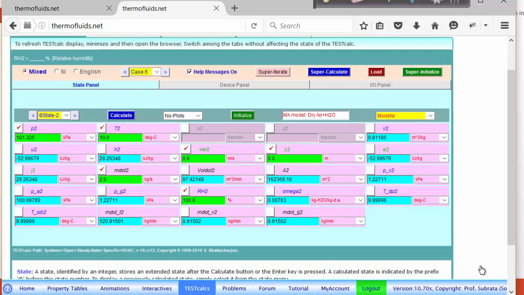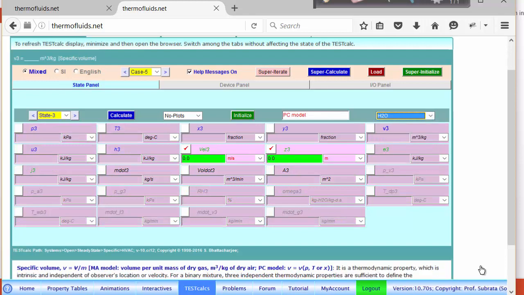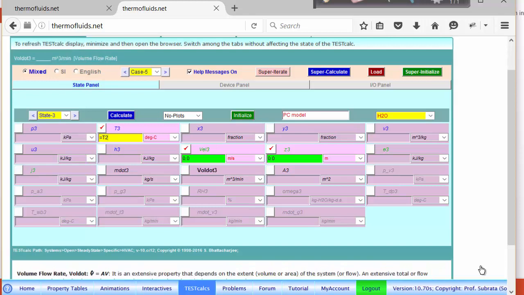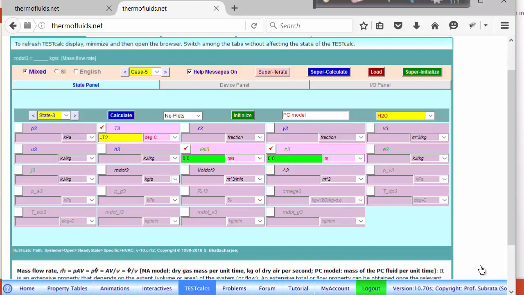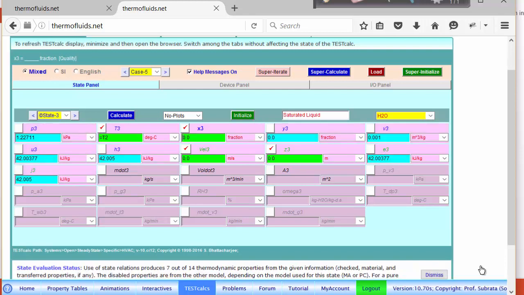Now let's go to state 3, which is H2O. We select H2O, but we know it's a temperature same as T2. And we also know what else is given. Oh, it's saturated water. That's our assumption. So X would be 0. So that's what gives us enthalpy.